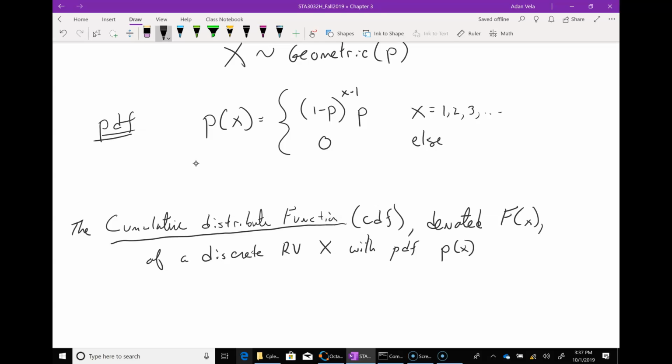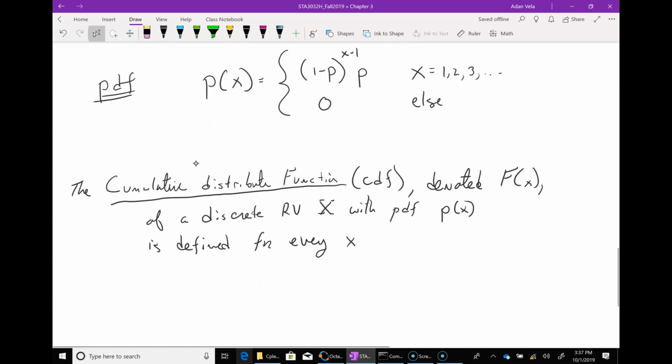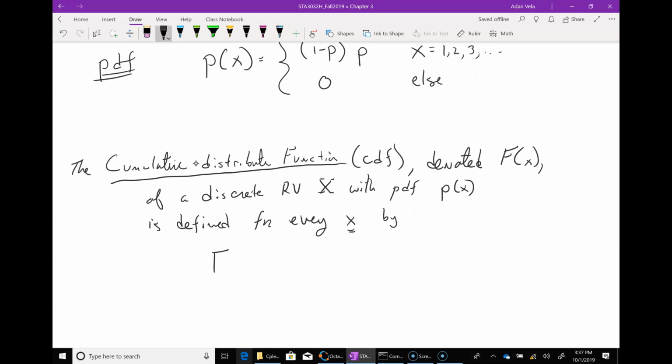I'm just sort of exaggerating the tininess of it. For a discrete random variable big X with PDF p of x, it's going to be defined for every x, and again, this is a little x, by the following.